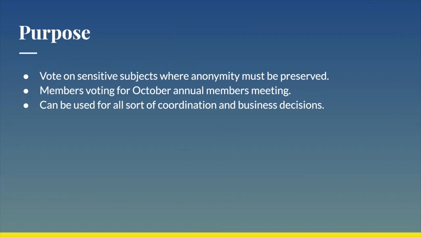It can also be used for the October members meeting, where members will be voting on business matters, and by any businesses that want to use anonymity in their voting. So it's not really tied to RChain necessarily. That's kind of its caveat.